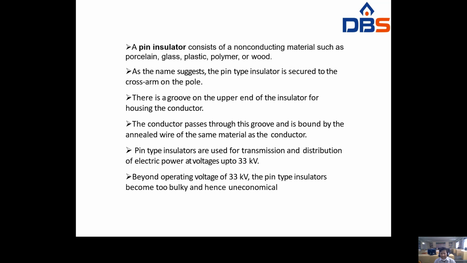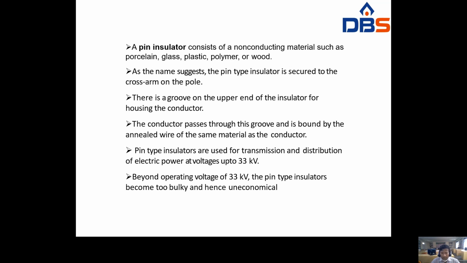The pin insulator consists of a non-conducting material such as porcelain, or sometimes glass also. As the name suggests, the pin type insulator is secured to the crossarm on the pole. So it will be put on the top of the pole, on the crossarm.